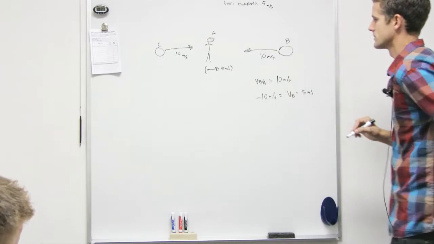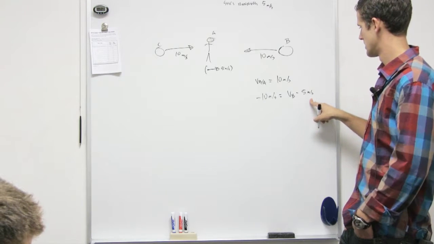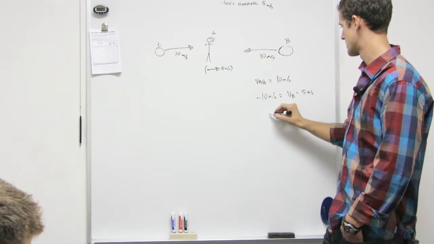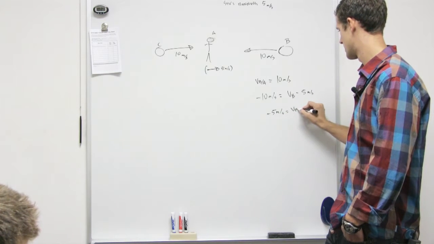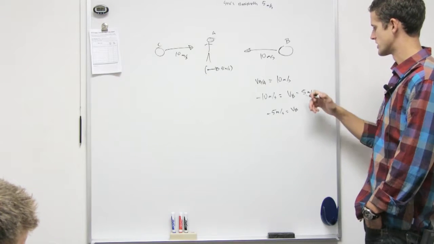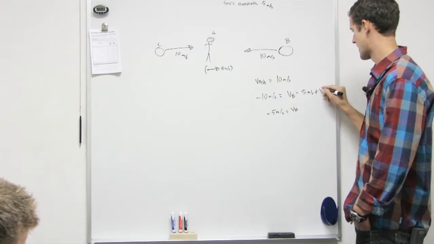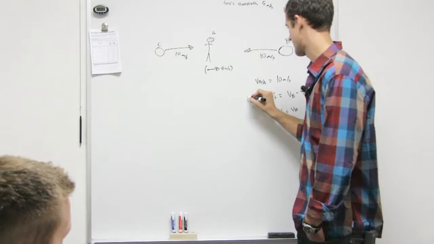Right. So that's going to add to negative 15. We'll add this, and it'll be negative 5. So you just take this, you add 5 to this side. Those cancel, and you add 5 on this side.